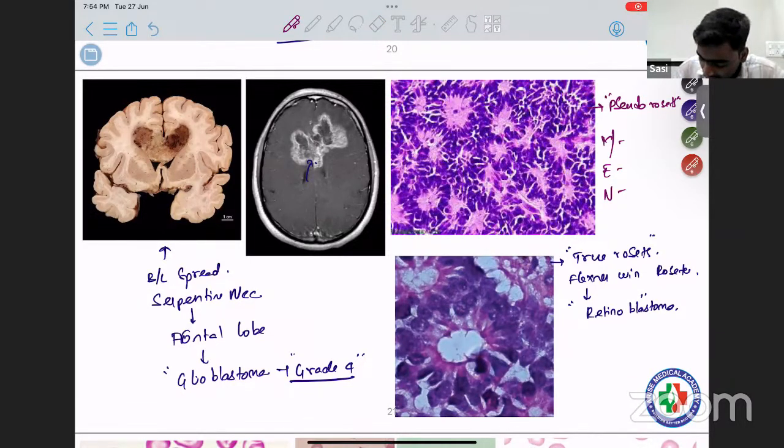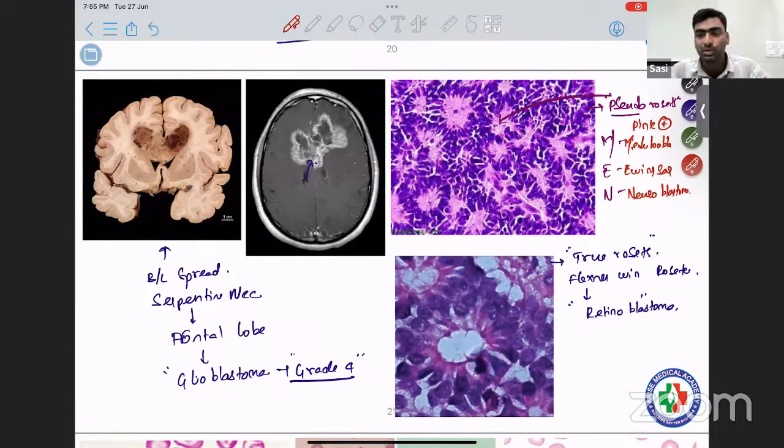So in a case of pseudorosettes, there will be deposits in pink color, and this will be seen in medulloblastoma, Ewing sarcoma, and neuroblastoma. Retinoblastoma is due to the mutation in the 13q14 gene. Fine. This is about the brain tumors.